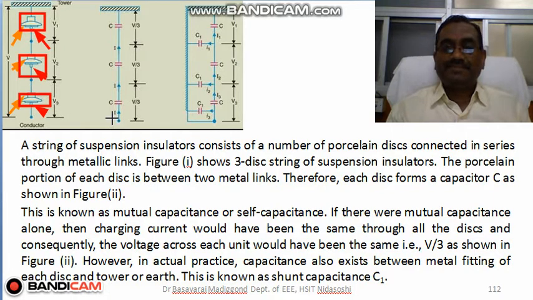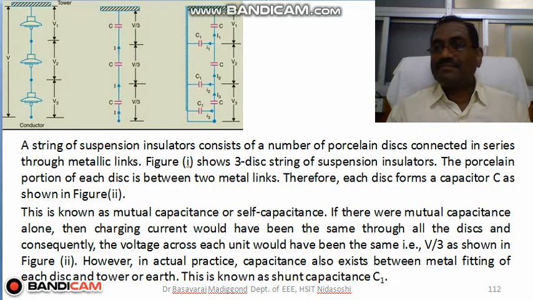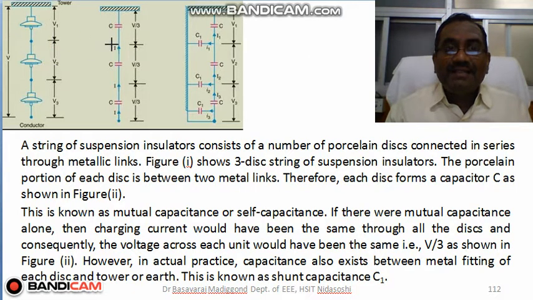But this will not be the case, because in actual practice the capacitance also exists between the metal fitting of each disc and the tower, or you can say earth, and this is known as shunt capacitance, C1. This is the tower, this is the cross arm, and this tower is connected to the earth.